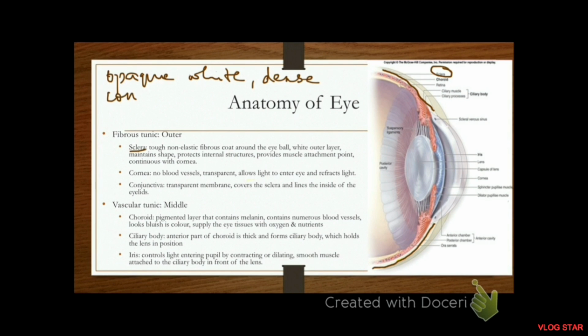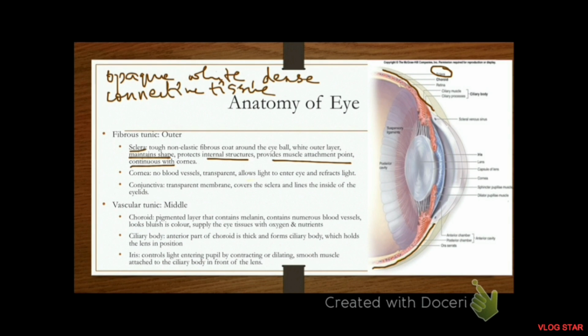It's made up of dense connective tissue. So what does it do? It maintains the shape, it protects the internal structure, and it also provides the muscle attachment point, and it is continuous with the cornea.